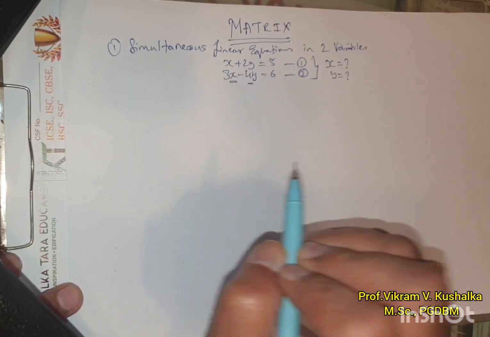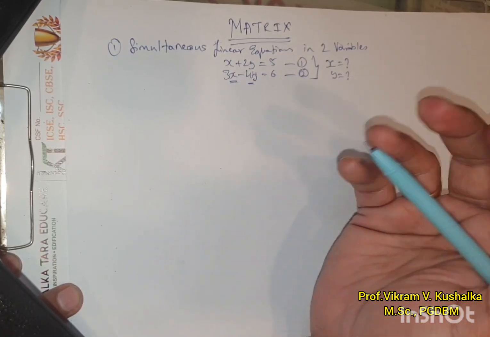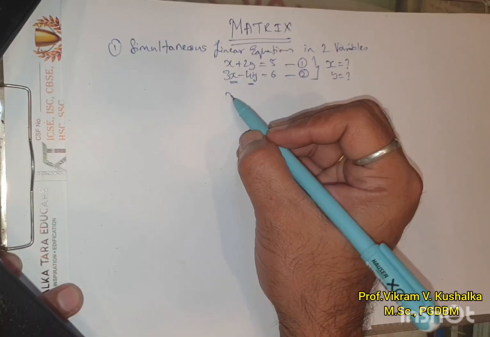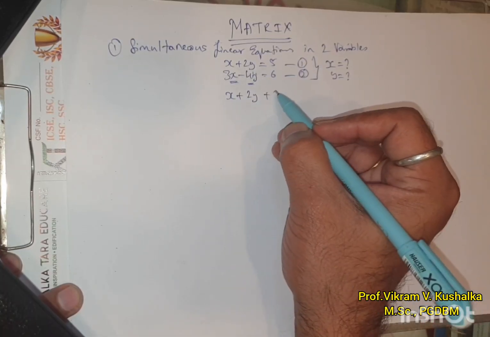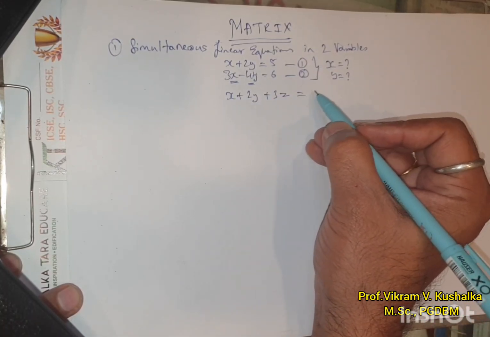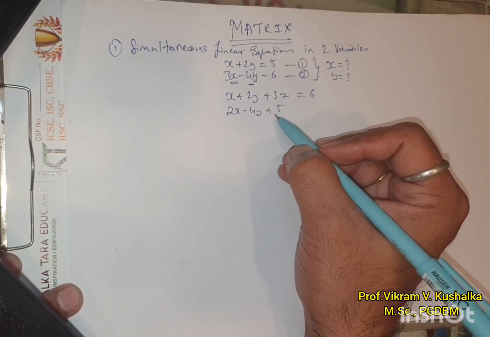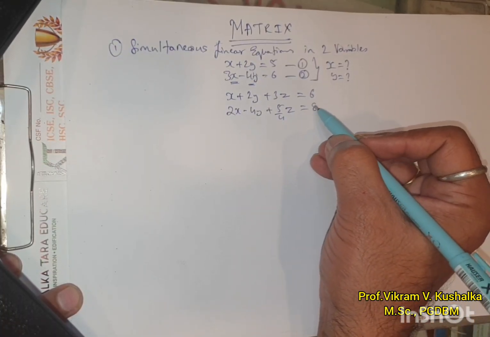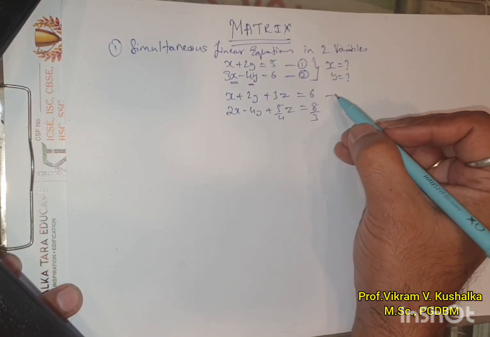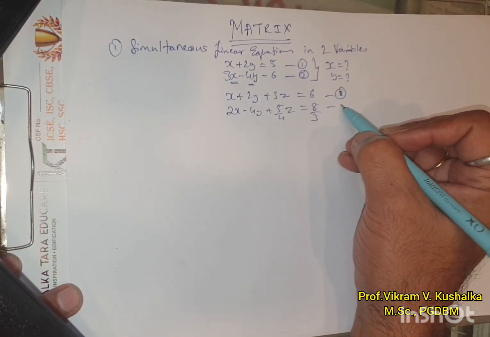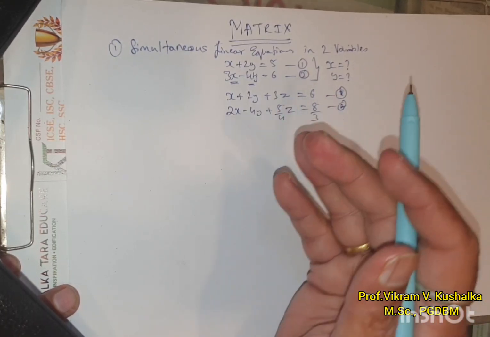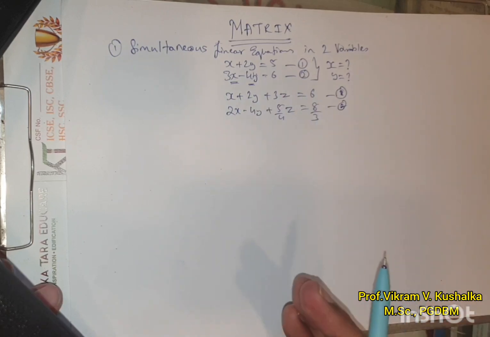Since here it's only two variables, but there can be a system of equations which may have more than two variables, say x plus 2y plus 3z is equal to 6 and 2x minus 4y plus 5 by 4 z is equal to 8 by 3, something like that, more complicated, correct? It could be a set of equations in four variables as well.